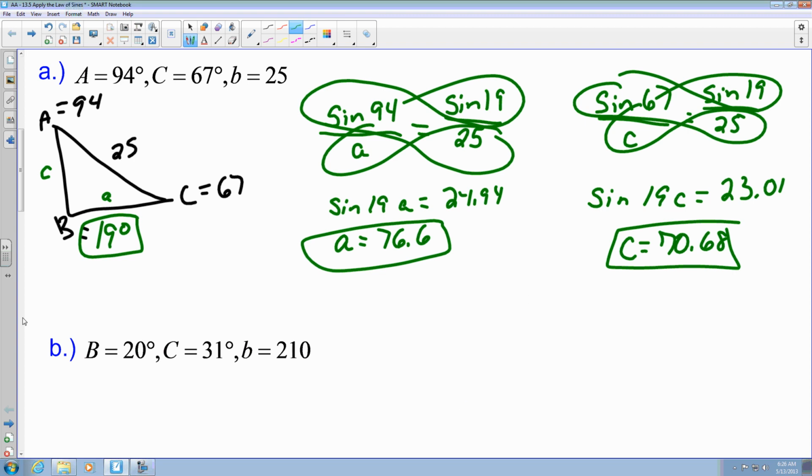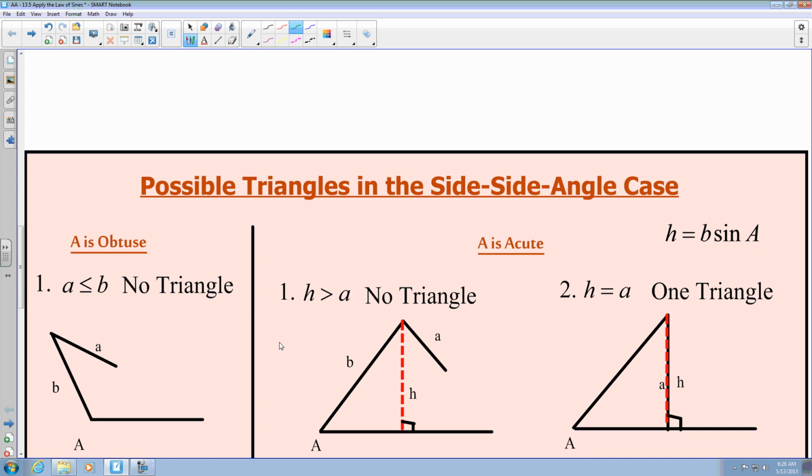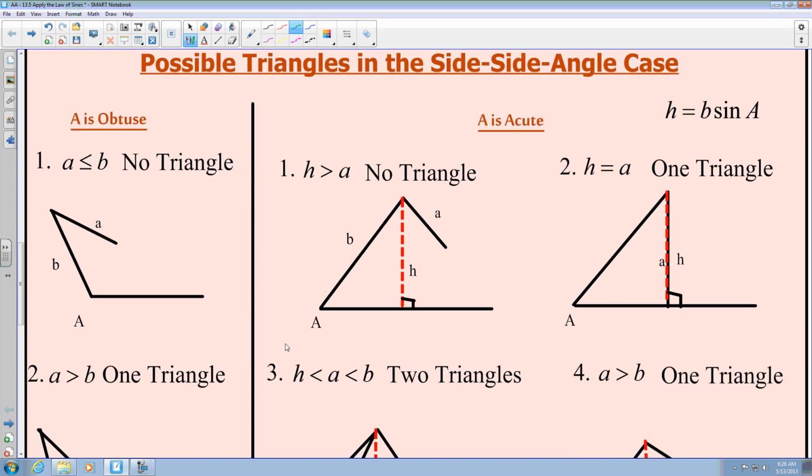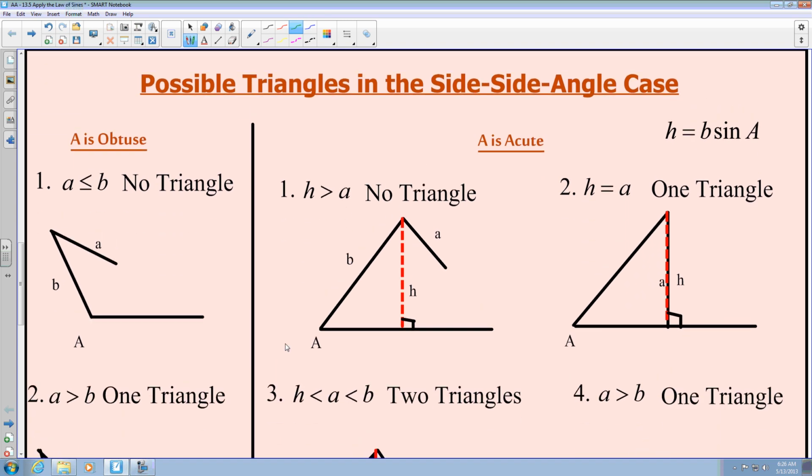And it's the same thing for B, just do the proportion. One thing you have to keep in mind when you're looking at these triangles is if you identify that it is a side side angle, an SSA triangle, it can have one of three solutions.